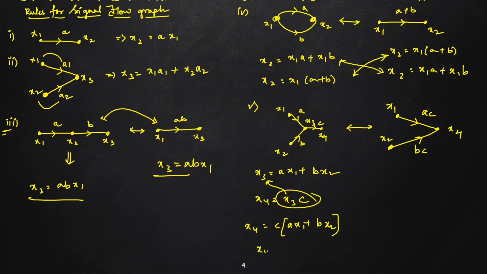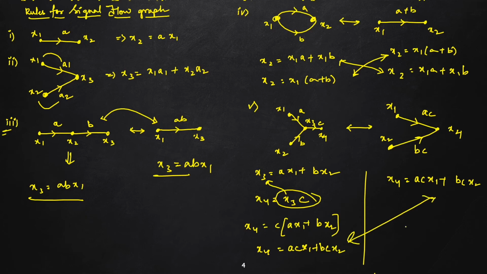So we have x4 is equal to ac x1 plus bc x2. Similarly, here x4 is equal to ac x1 plus bc x2. The same thing we have got here. So this is the rule number 5 we had.